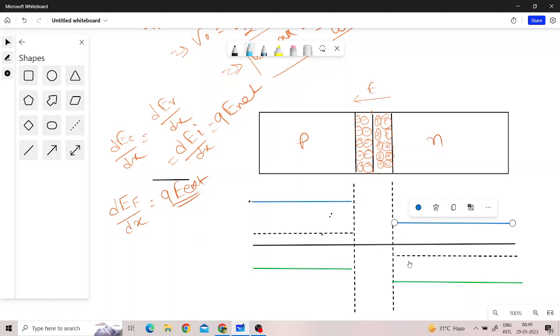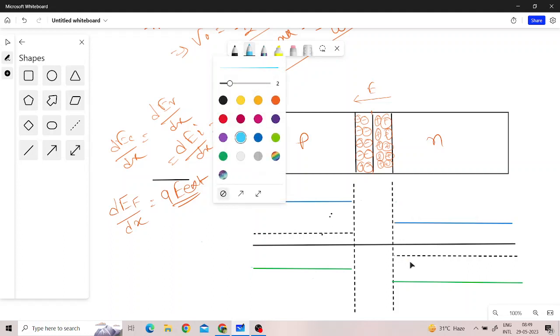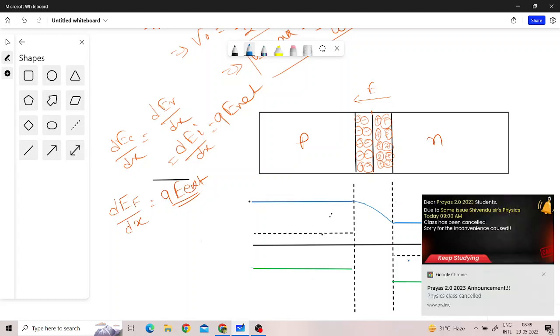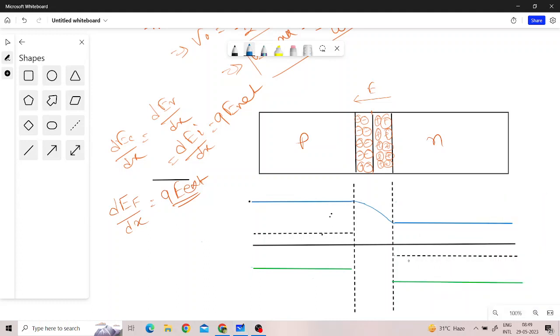It will not be a straight line. Why is this not a straight line? The electric field is not constant at every point. Electric field is changing. If the electric field is constant at every point, then it will be a straight line, no issue in it.